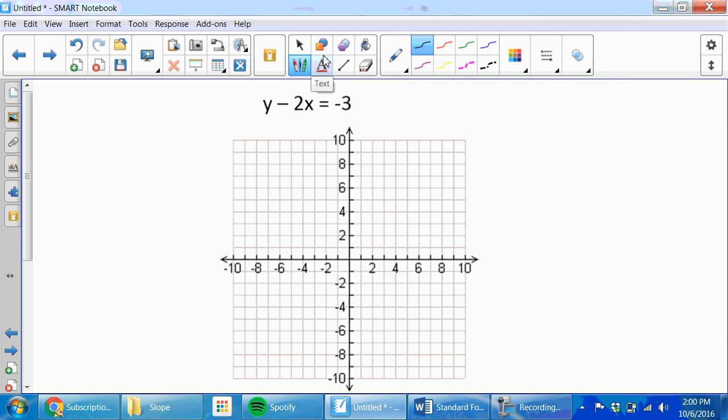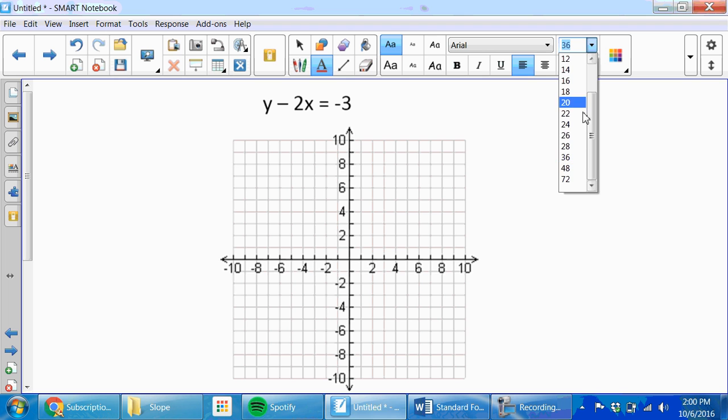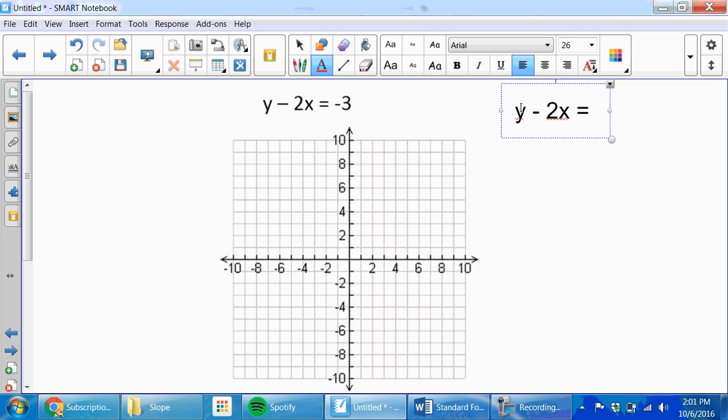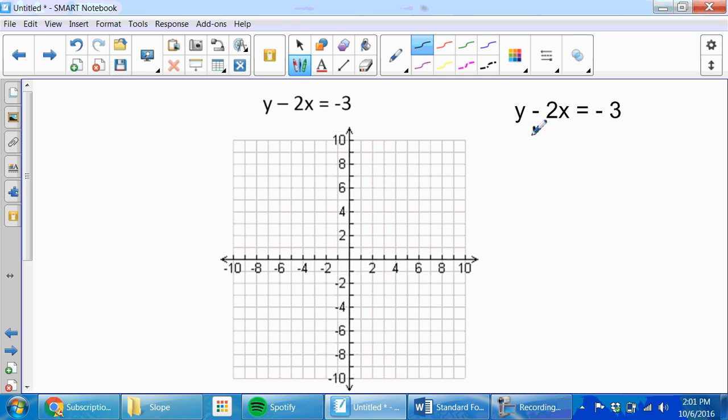What I would do if I had to solve this is I would add that 2x to both sides of the equal sign, because I want to get the y alone. Now I'm not doing negative 3 plus 2x and getting 5x or negative 1x.